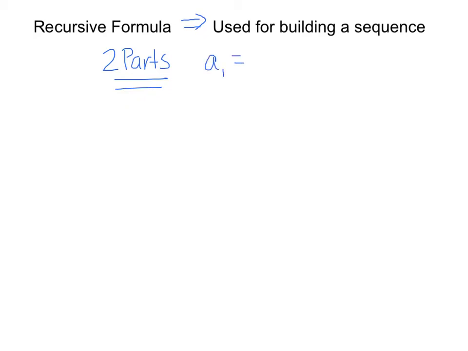So whatever a sub 1 is, that's going to be your starting value. The second part of the formula is what you will use to build it. So it's a sub n equals, you want to use the previous term. So if we're talking about a sub n, the previous term would be a sub n minus 1.